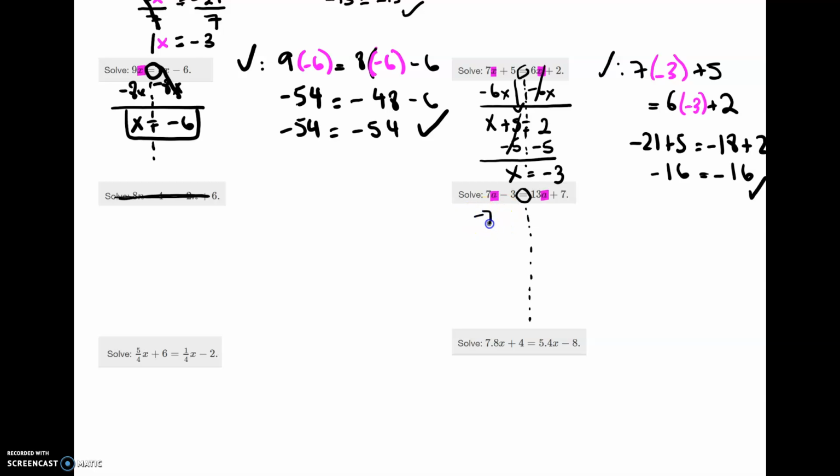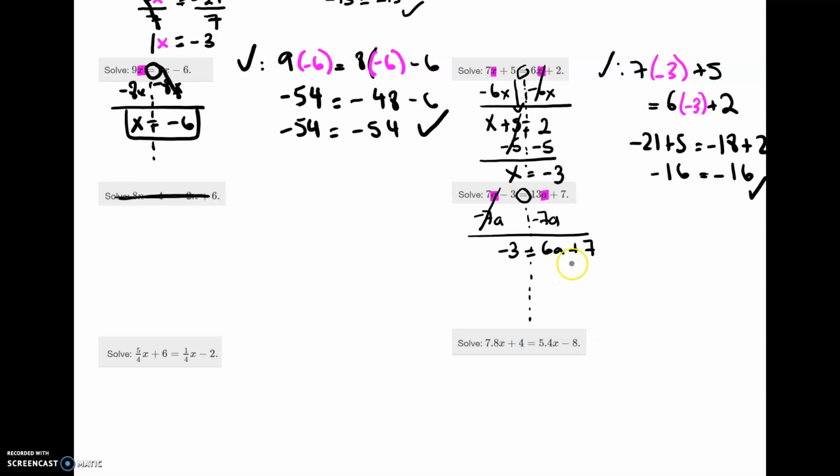So I'm going to subtract 7a from both sides, because 7a minus 7a cancels out, gives me 0, and then I have to drop down the negative 3. Then I have my equal sign, and I have 13a minus 7a. So I'm just doing 13 minus 7, which is 6a plus 7.